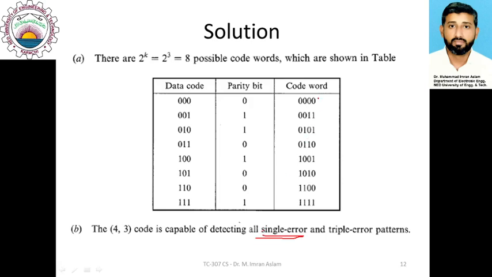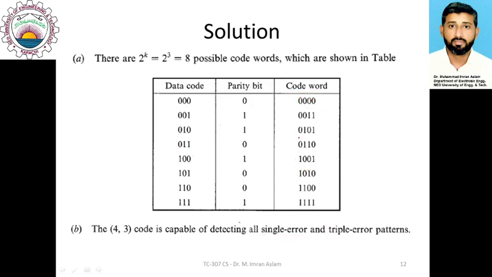However, if we get two errors, say this 0 becomes 1 and another 0 becomes 1, so we get 1 0 0 1 at the receiver side, it would not be detected, because having two errors does not violate the rule.